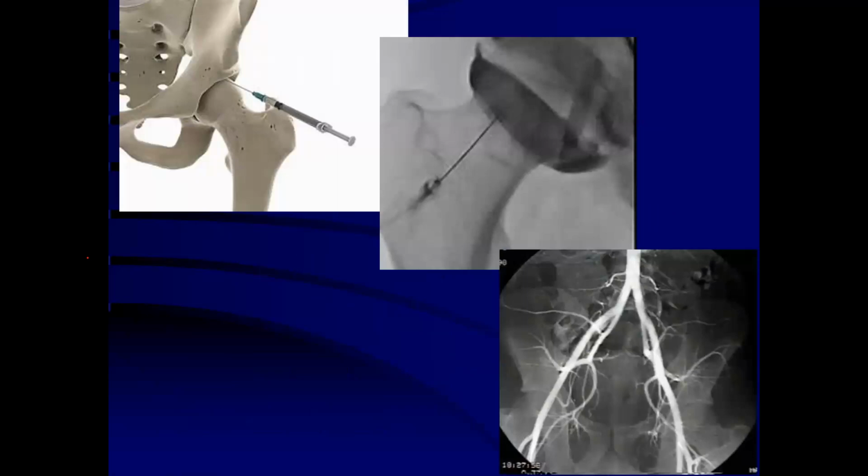These show you the routes of aspiration: anteriorly, laterally, and you have to pay attention to it. You have to always palpate the femoral artery beneath the inguinal ligament and put your needle in relation to this to avoid injuring the vessel.